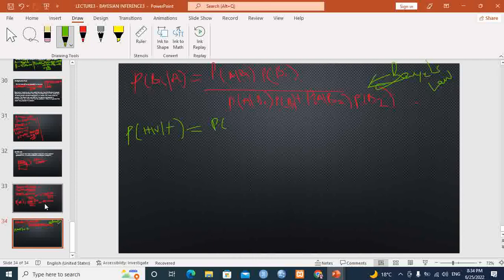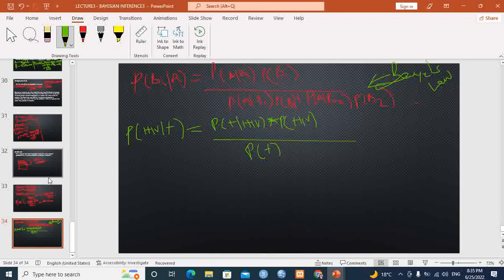should be equal to, from our example up here, probability of positive given HIV times probability of HIV, divided by probability of positive.